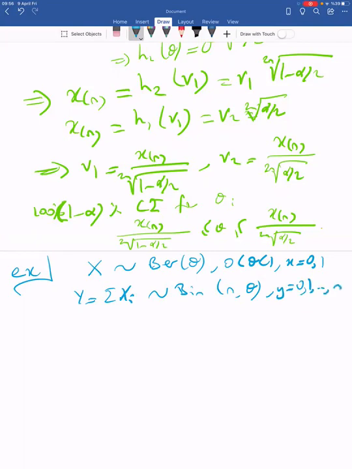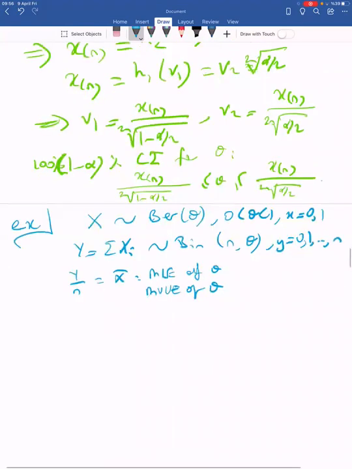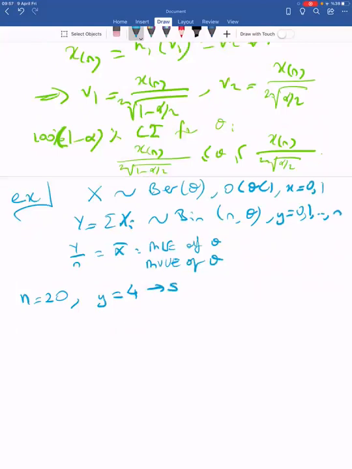And we know that y over n, or x bar, is the MLE of theta, also the minimum variance unbiased estimator of theta. So let's say we have a sample of size 20, and we observe that y equals 4. This is our sufficient statistic. And we don't want to find an approximate interval, we want to find an exact confidence interval for theta here.